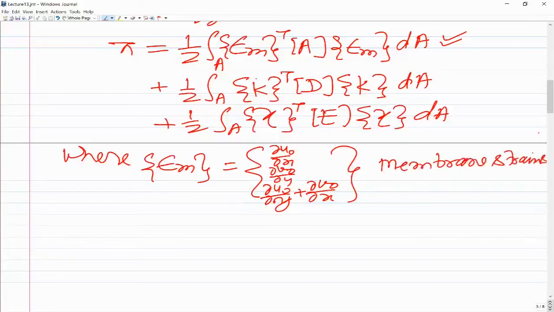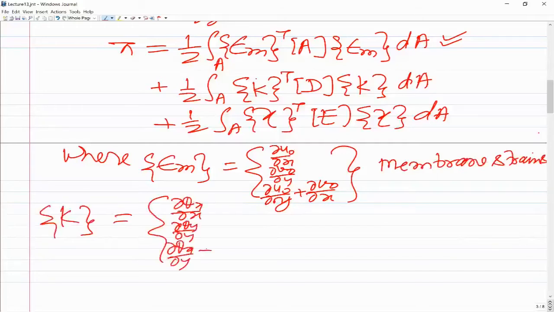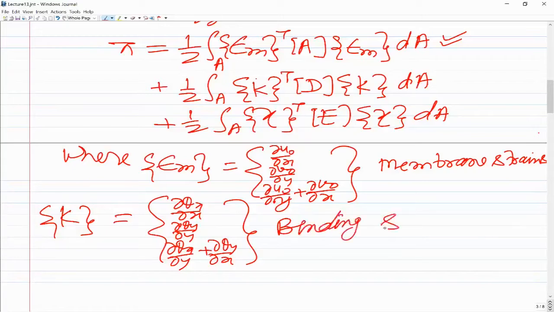And then kappa you already know: del theta x by del x, del theta y by del y, del theta x by del y plus del theta y by del x. This we call bending strains or curvature tensor.